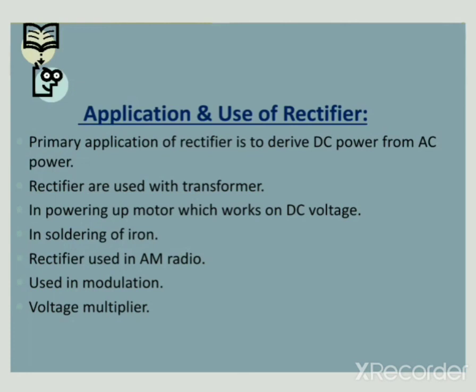The half wave rectifier is used as a detector because the output consists of an audio signal, and it is used in modulation as well. The half wave rectifier is also used in voltage multipliers.